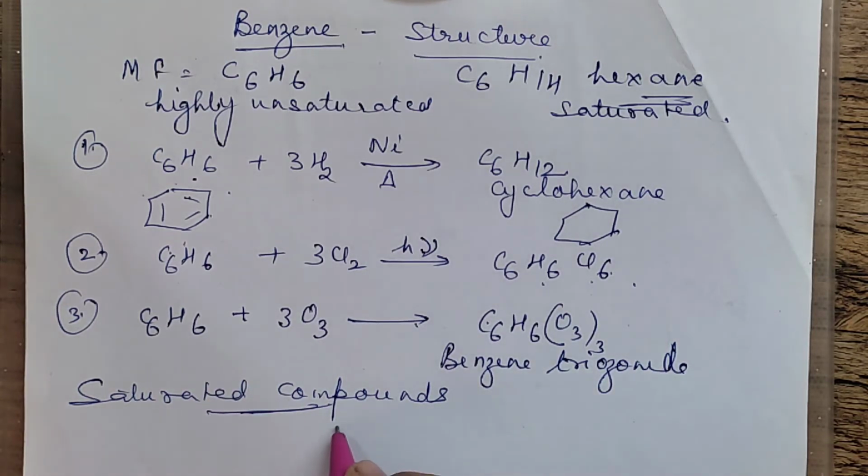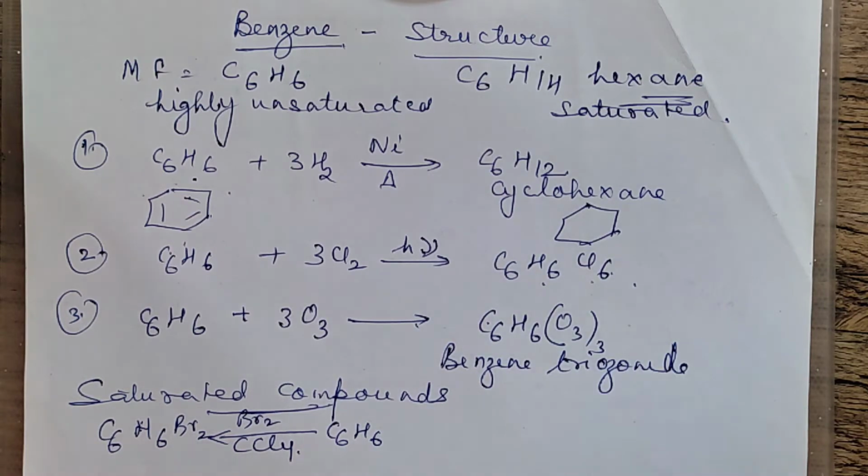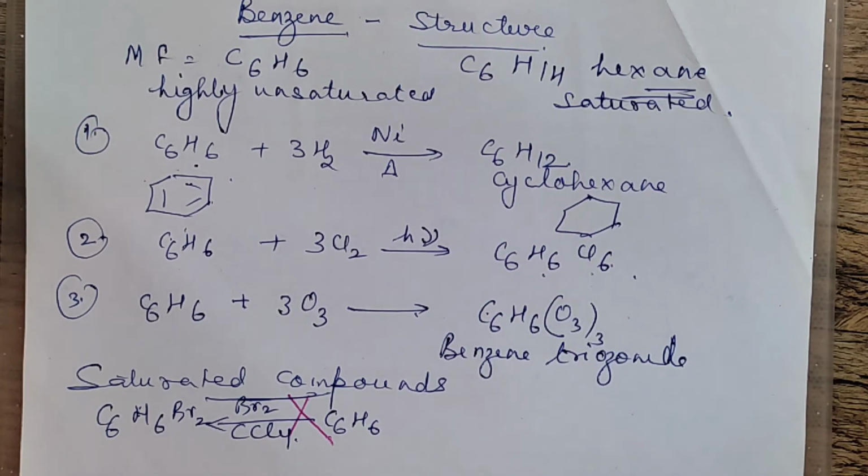For example, if you take benzene and carry out the reaction with bromine in the presence of carbon tetrachloride, it will not add on. You will not have bromine added on to the double bonds. So this reaction is not given with benzene.